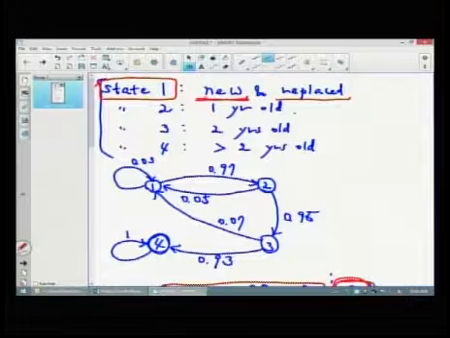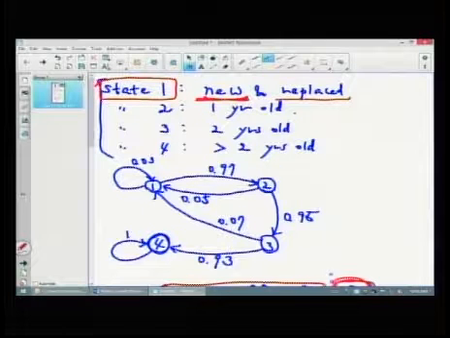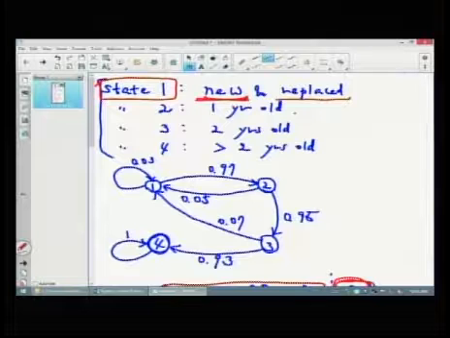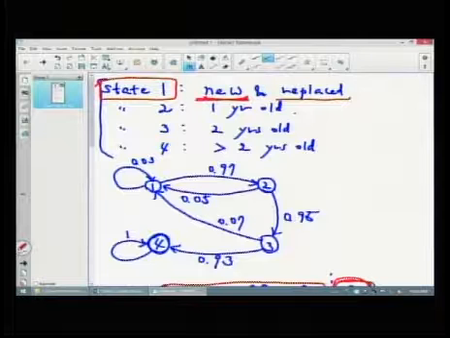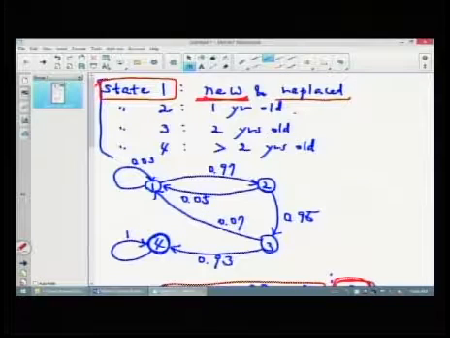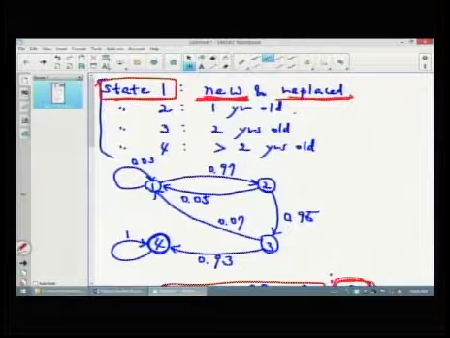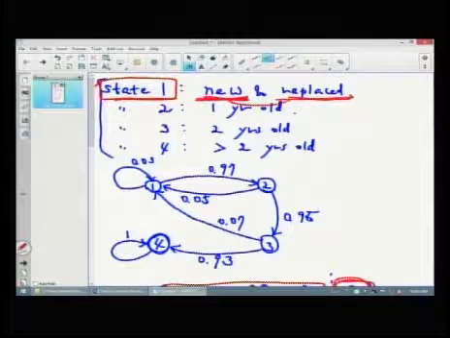But the new refrigerator will be covered by warranty. So what you need is to break state number 1 down into 2 different states. We cannot simply combine these 2 in 1 state.